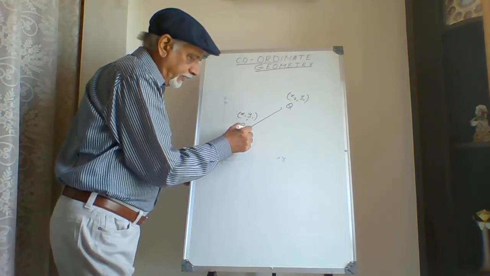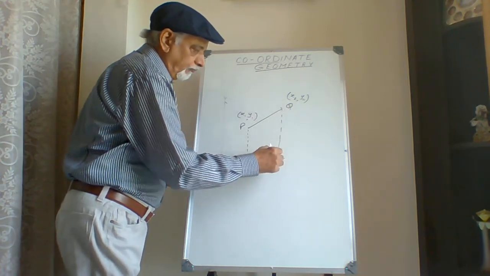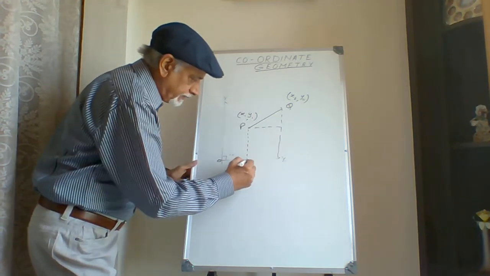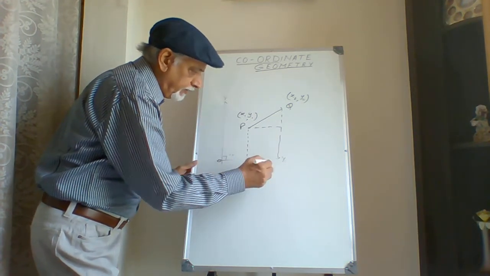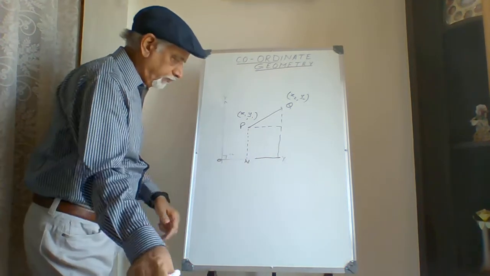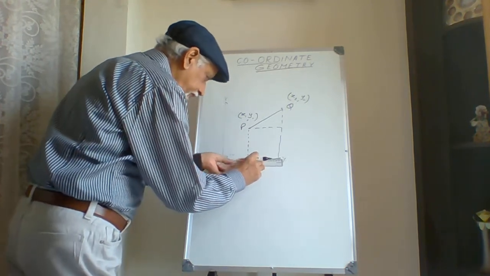You draw again some imaginary line perpendicular from P on the x-axis, let us call it Pn, and let me draw the axis line properly.